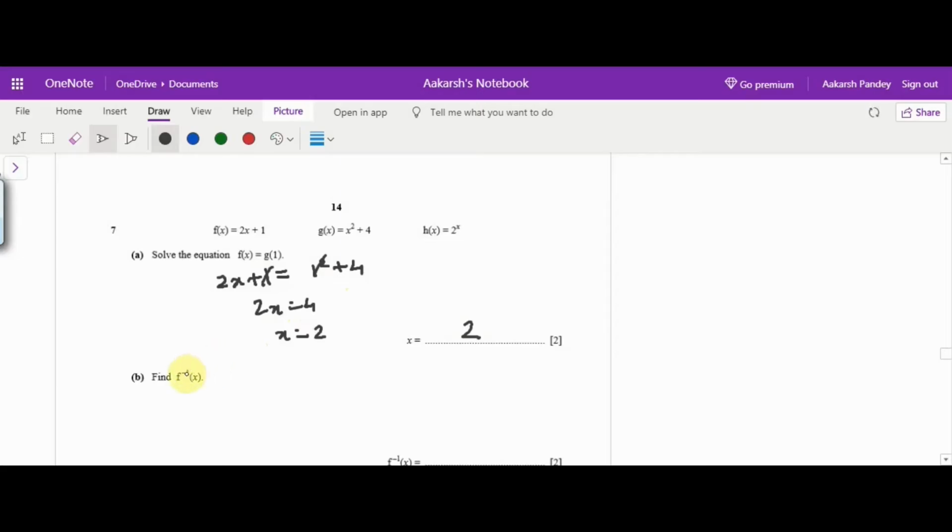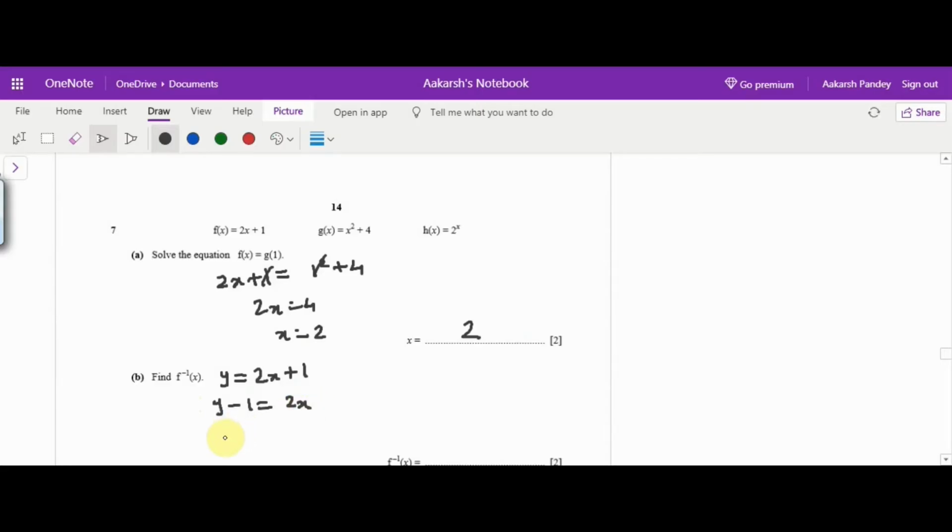Now you have to find f inverse of x. First let me write f of x as y. y equals 2x plus 1. Now, currently I have y as a function of x. Now I'll write x as a function of y, which is making x the subject. So y minus 1 equals 2x.